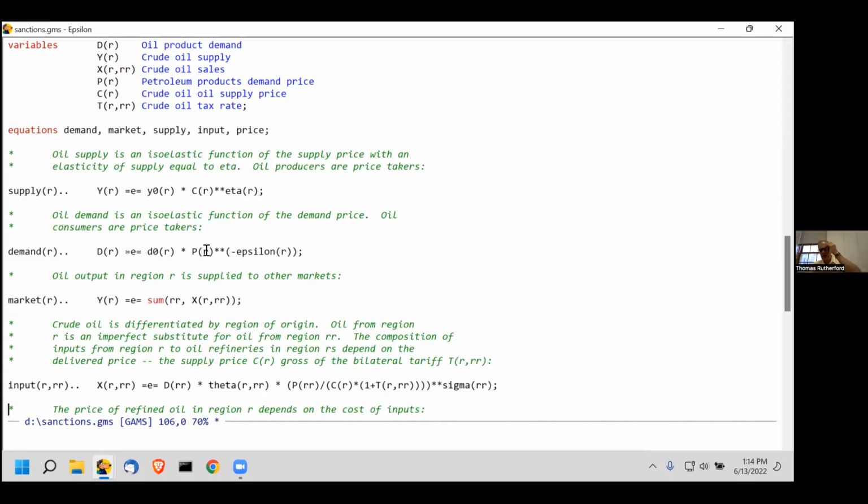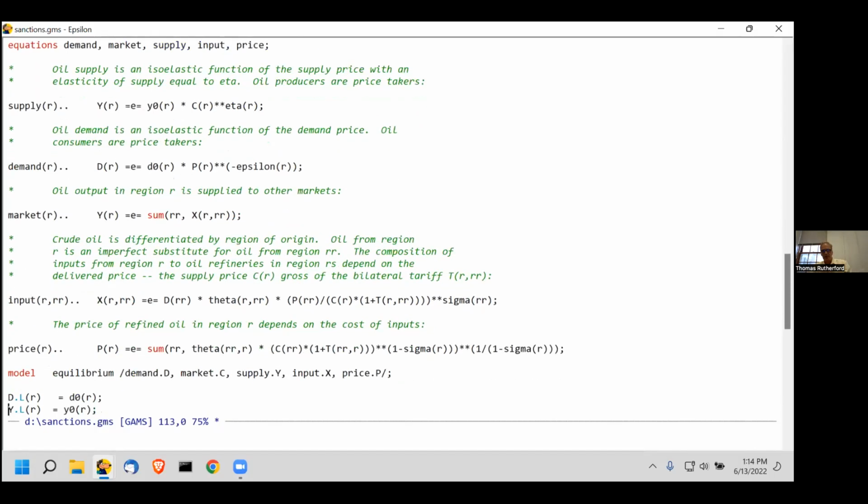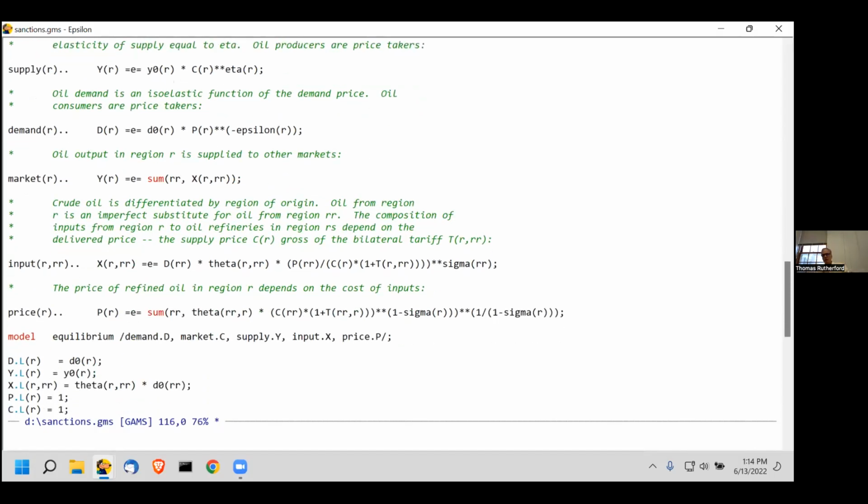These are both using a calibrated share form. So when C is equal to 1, Y is equal to Y0. When P is equal to 1, D is equal to D0. And then we have a market clearance constraint that says what gets produced in region R gets shipped to other regions RR. So X and Y are related through this market clearance condition for the output from region R.